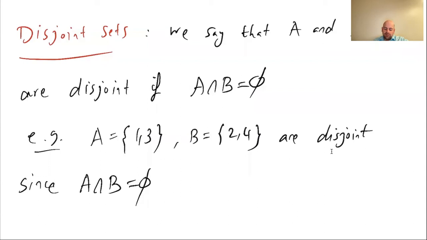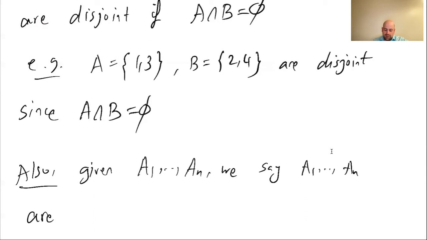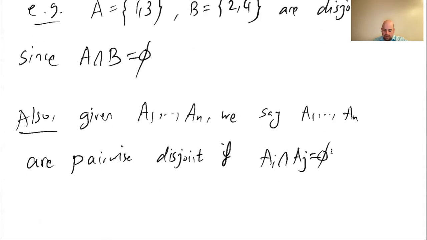But if I have more than two sets, how can I define disjoint sets? So also, given, let's say, n sets, A1 to AN, we say A1 to AN are pairwise disjoint this time if AI intersection with AJ is equal to the empty set for I not equal to J, and of course I and J both between 1 and N. So if any two distinct sets that I consider have empty intersection, then I call them pairwise disjoint.